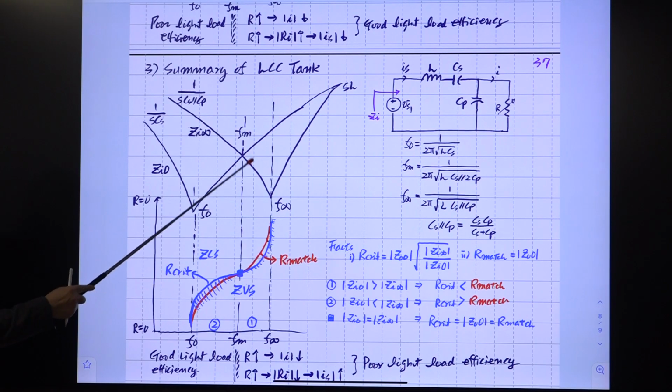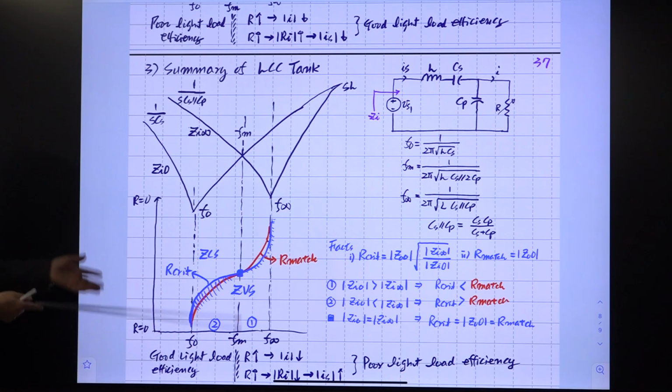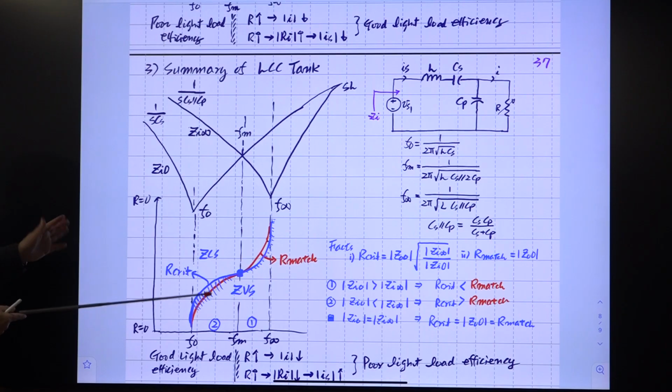So the GCS region for this LCC tank is this much. And the relationship between this R critical and R match is something like this. Okay, so you can interpret this. Right? Everything remains the same. I only changed good and poor interchange. And the GCS, GBS, everything remains the same.